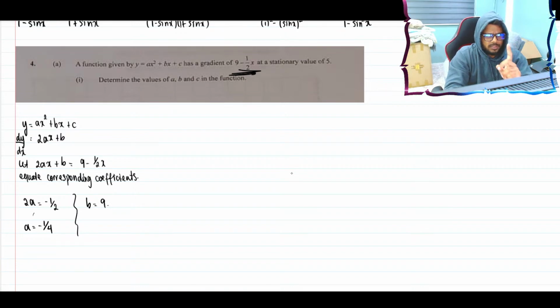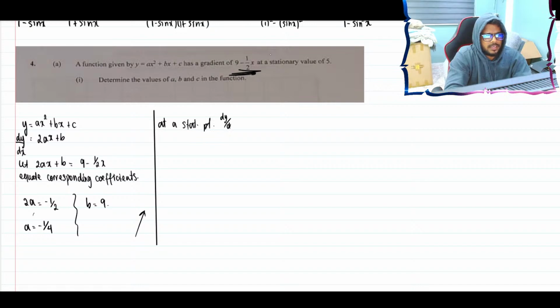They say that this has a stationary value of 5. Now, if this here is the gradient function, I can calculate the value of x. Alright, so I can say at a stationary point, dy dx is equal to 0.